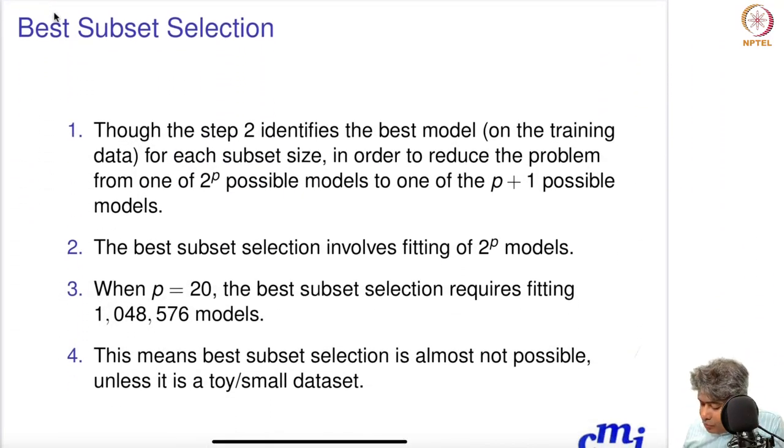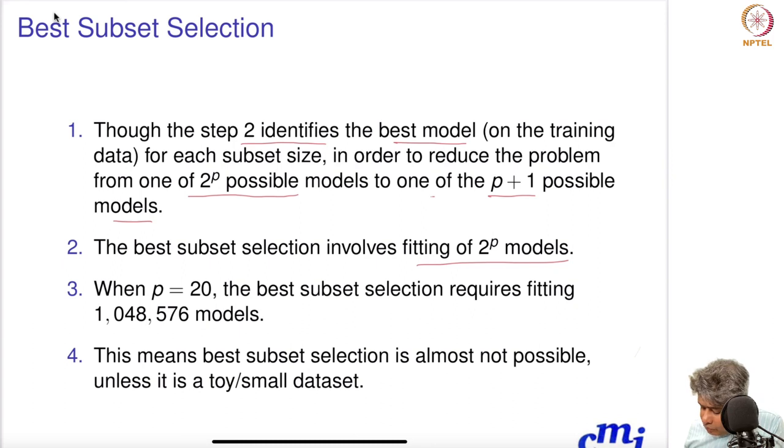Though step 2 identifies the best model on training data of each subset, in order to reduce the problem from one of the 2 to the power p possible models to p plus 1 possible models. Best subset selection involves fitting 2 to the power p models, which could be very difficult.